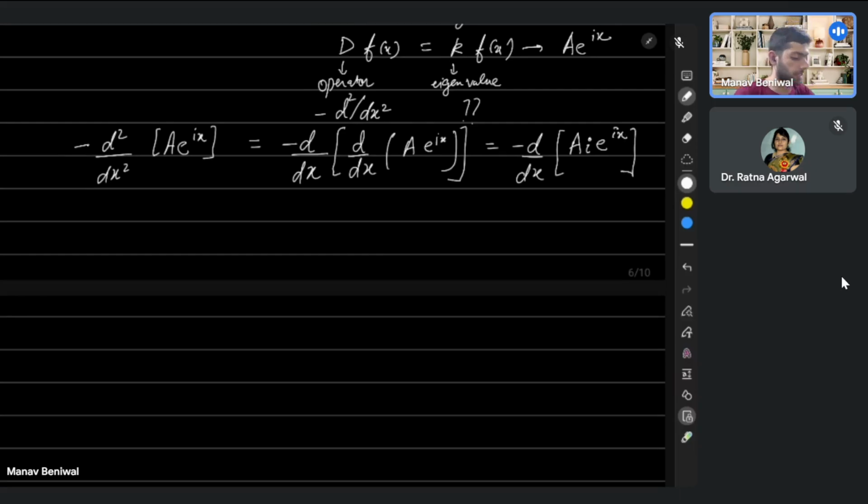Now we differentiate it again, and we have a minus sign here. a is here, iota is here, so again we get one more iota, and the function remains like this. Now iota squared is minus 1, right? So this becomes a times e^(iota x), which is our function with which we started. So this is just psi.